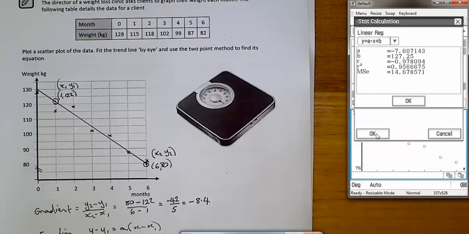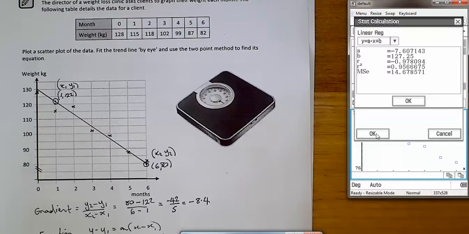See how it presents its answer. Probably not as neat as it could be, but it tells you at the top there, y equals ax plus b. That means it's a straight line relationship, and it tells you the values of a and b.